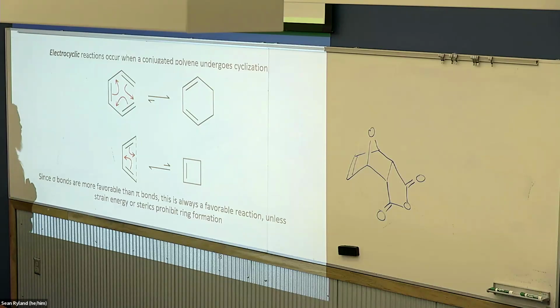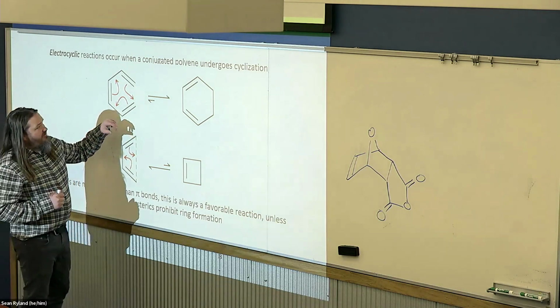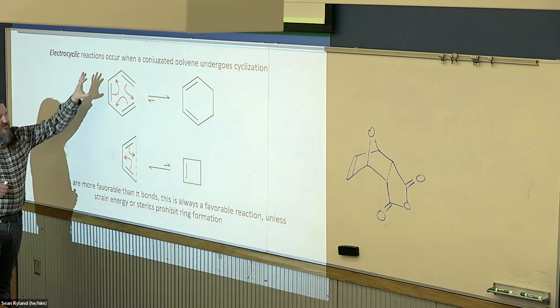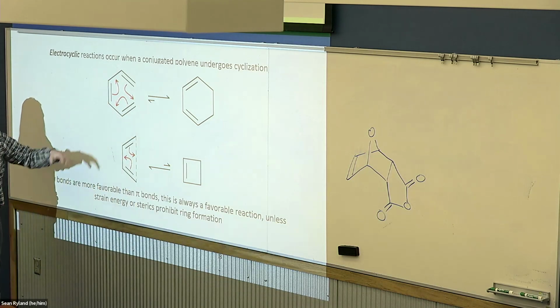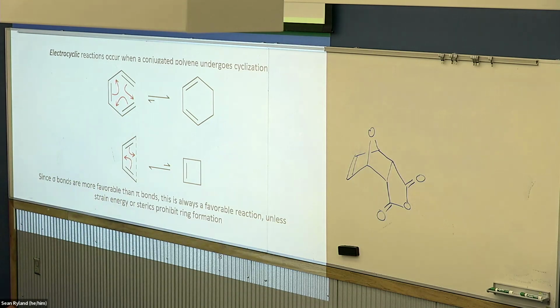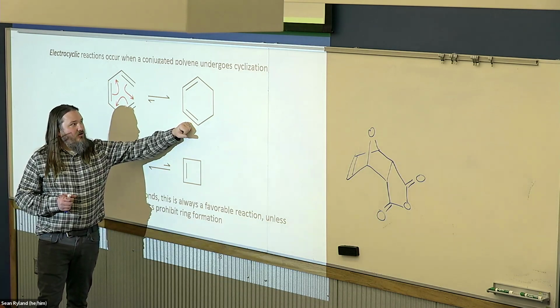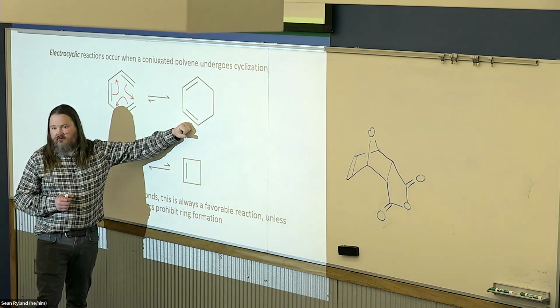In some cases, there's a reason why we don't actually see this as a common molecule, because if you actually synthesize this triene, 1,3,5-hexatriene, it'll actually spontaneously form cyclohexadiene.